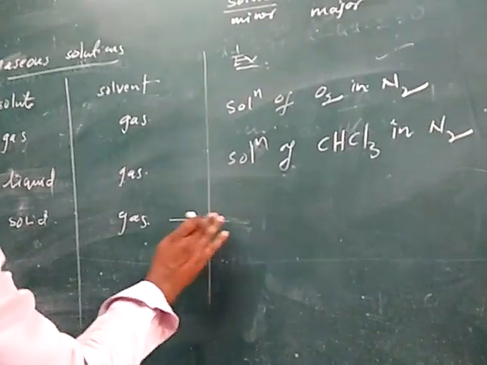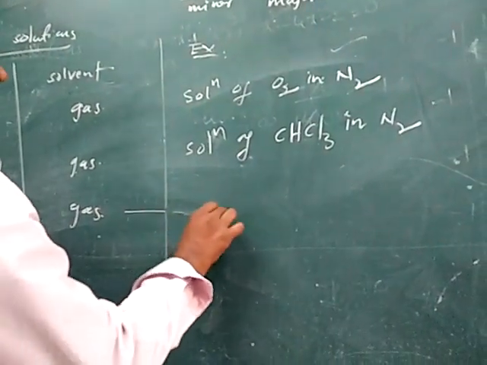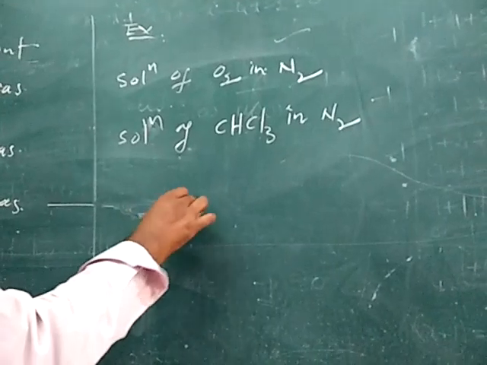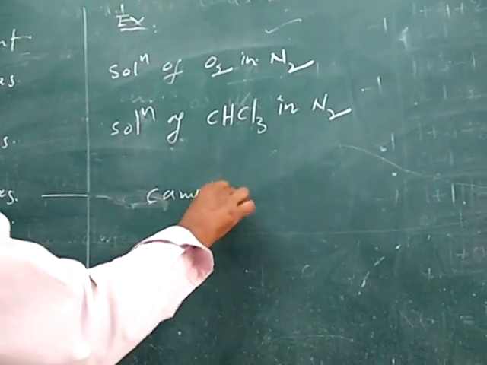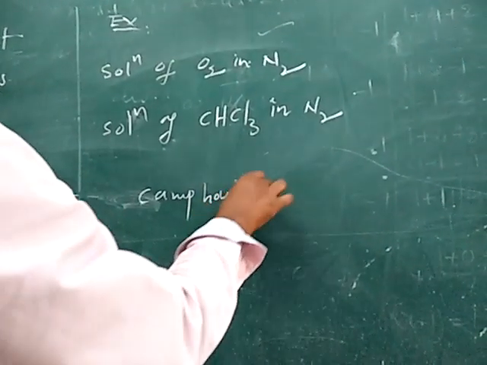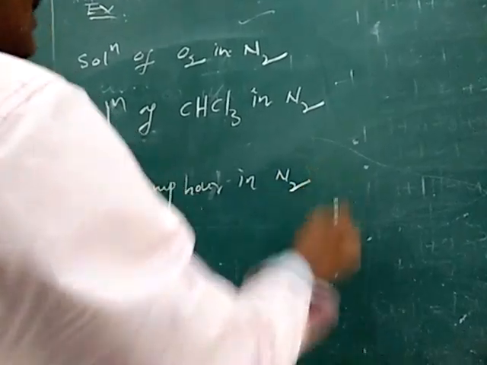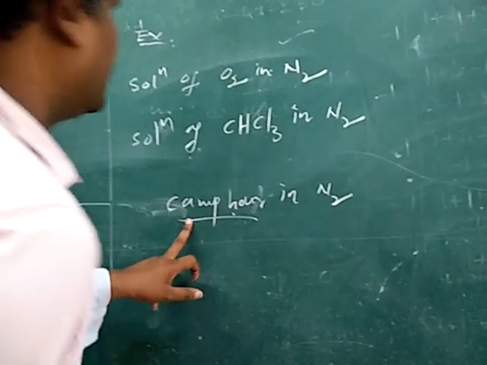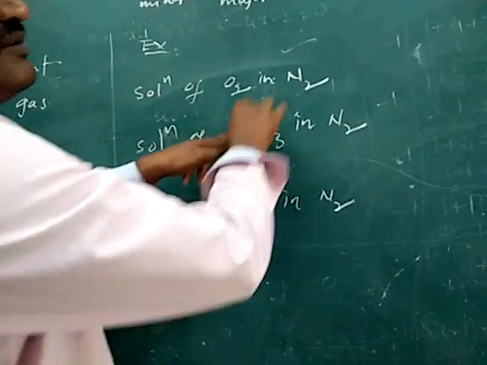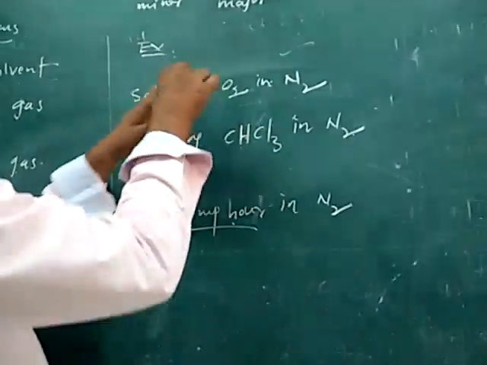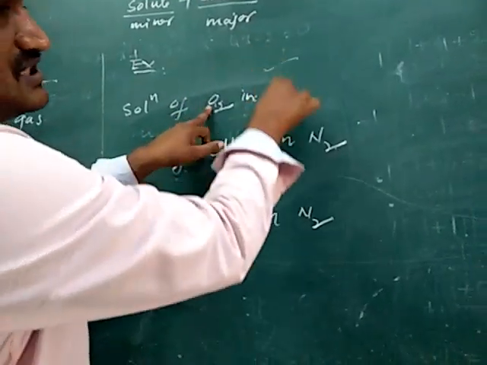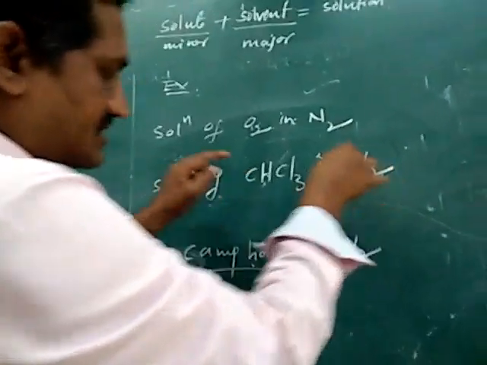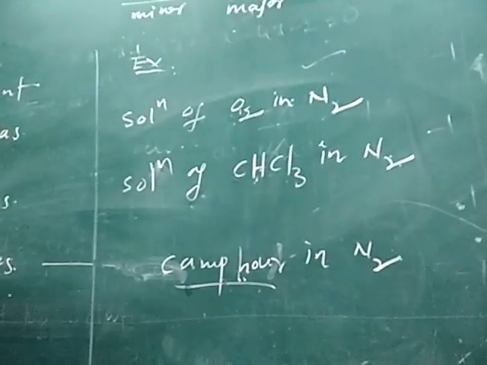The third type is camphor in N2 gas. Camphor is solid, so solid is present in N2 gas. Chloroform is a liquid, so liquid is present in N2 gas. Oxygen is a gas, so gas is present in gas type.